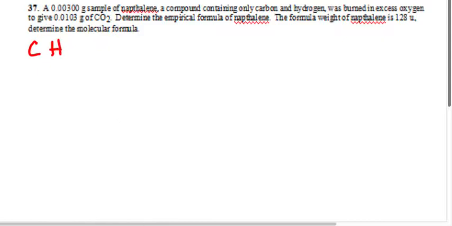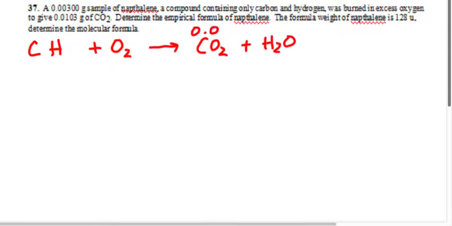It was burned in excess oxygen to give the combustion products of any hydrocarbon, CO2 and H2O. The problem says it gave 0.0103 grams of CO2, and we started out combusting 0.00300 grams of naphthalene. Determine the empirical formula and then the molecular formula.